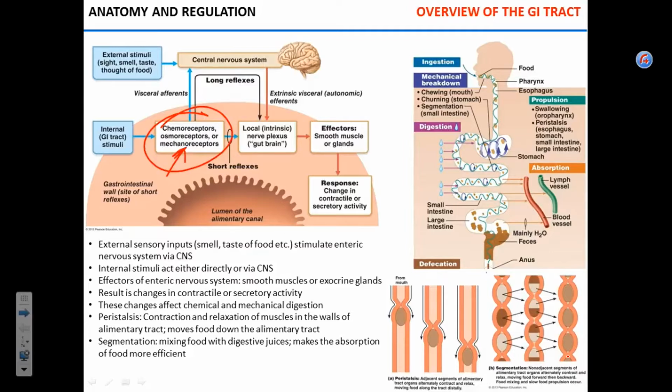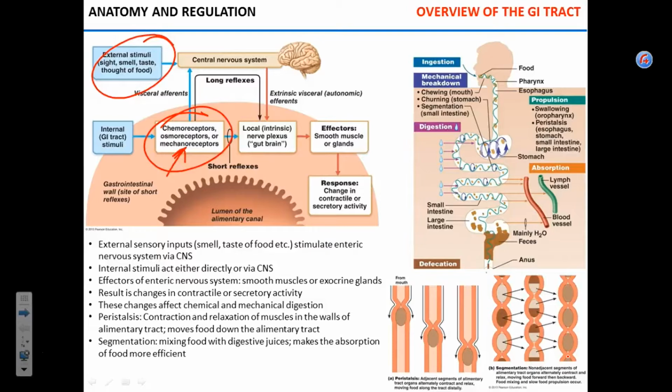The stimuli related to the digestive system involve not only the food itself, but also the smell of the food, the sight of the food, the taste of the food. Actually, the thought of the food will be a stimulus that will activate the digestive system.